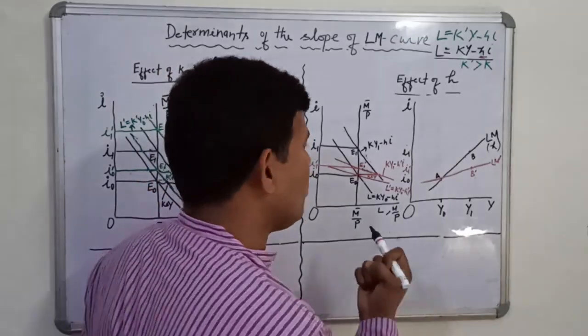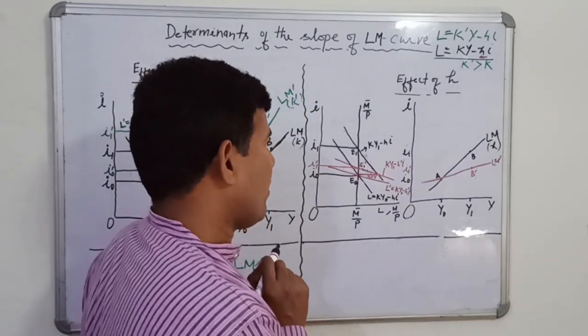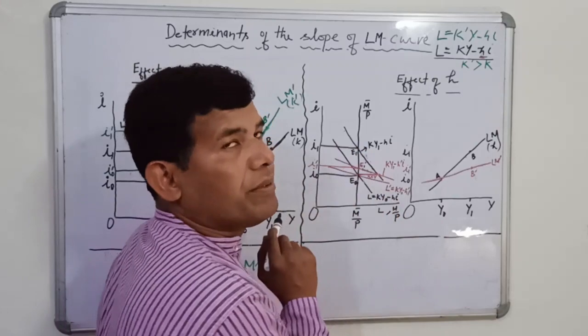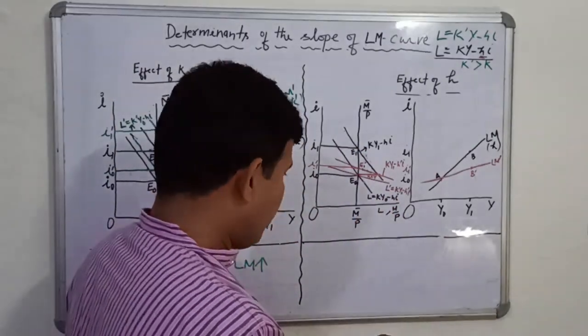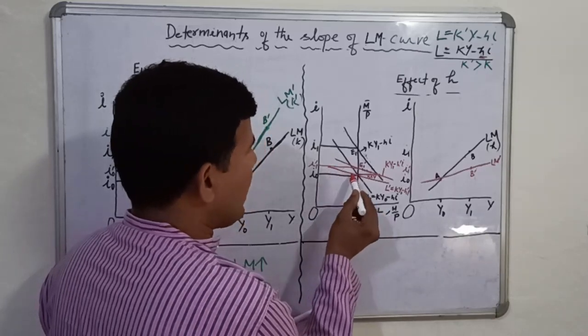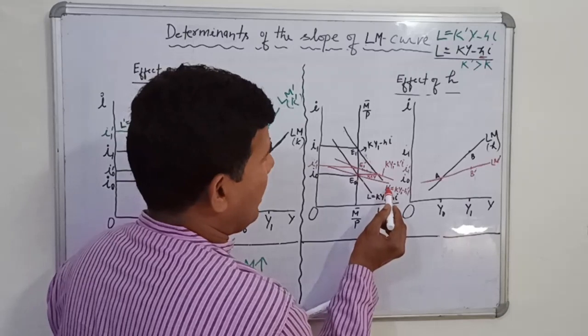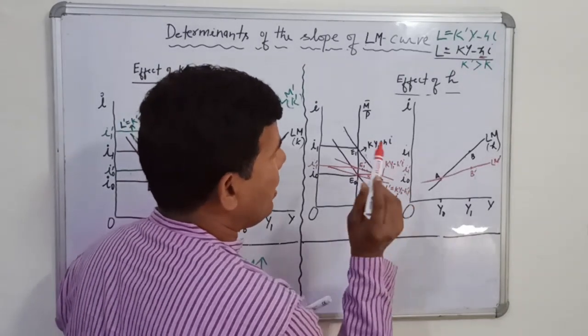So that is what the value of H is. Now if H is higher, then the money demand line is going to be flatter. So you get this red money demand line, which I am representing here by L prime, which is equal to ky naught minus h prime I.